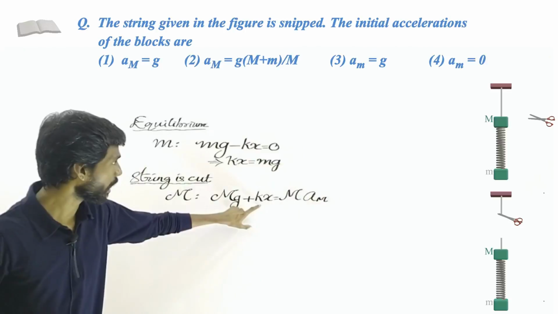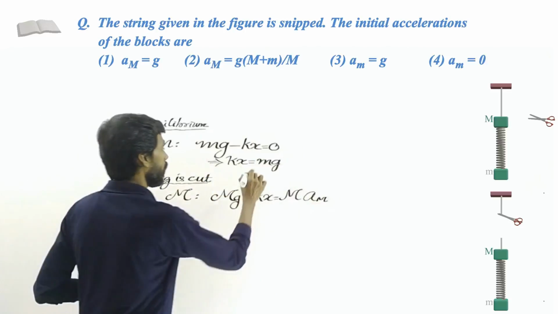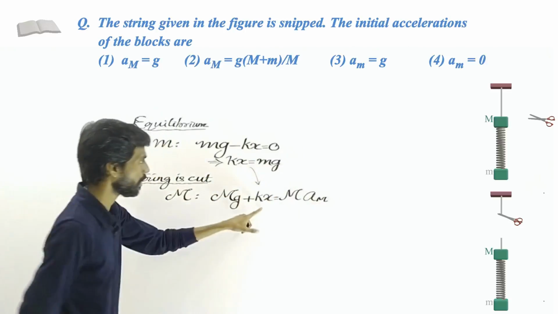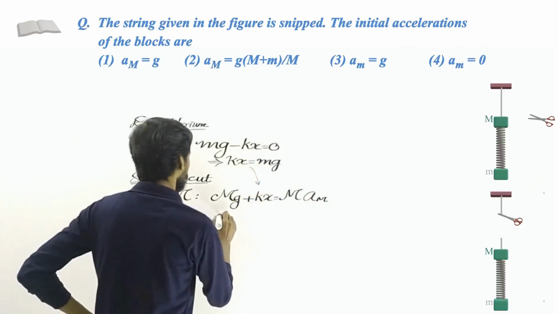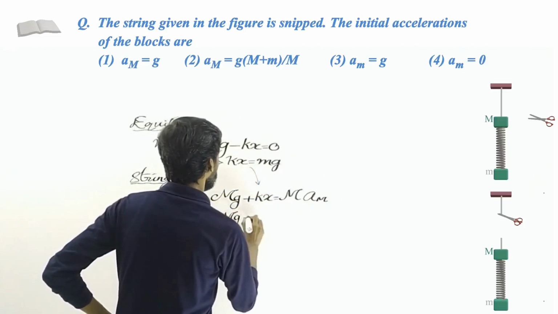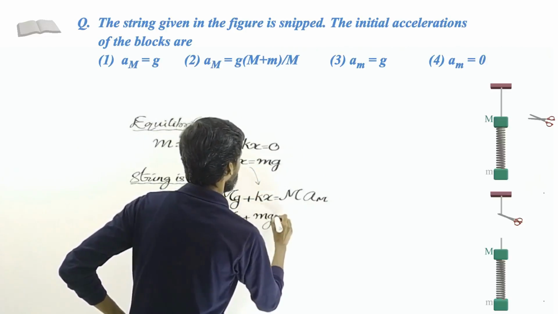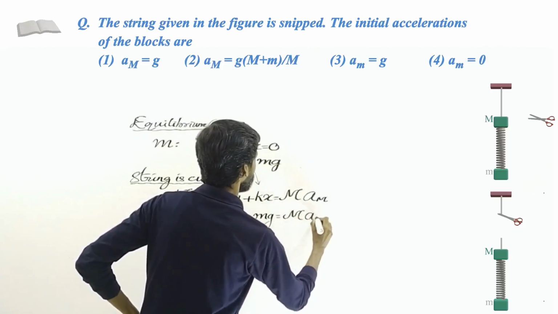But this value of kx is already found, that is small mg. So Mg plus small mg equals M times the acceleration of M.